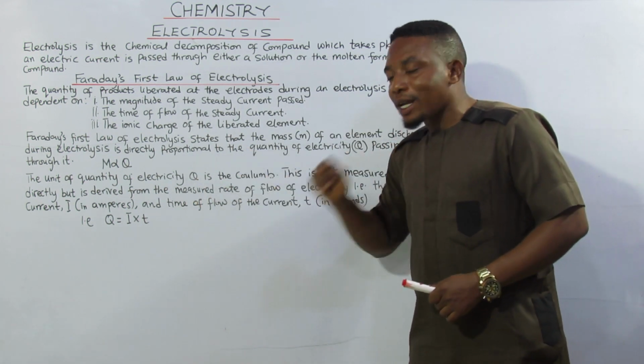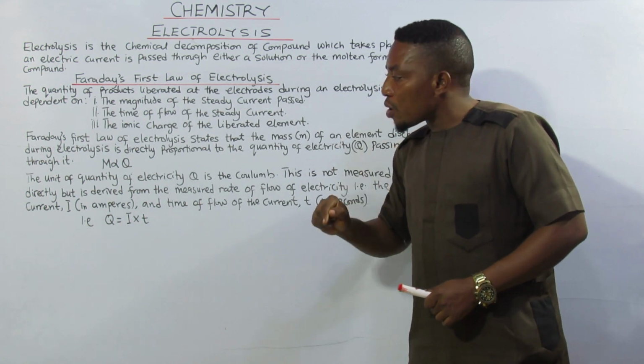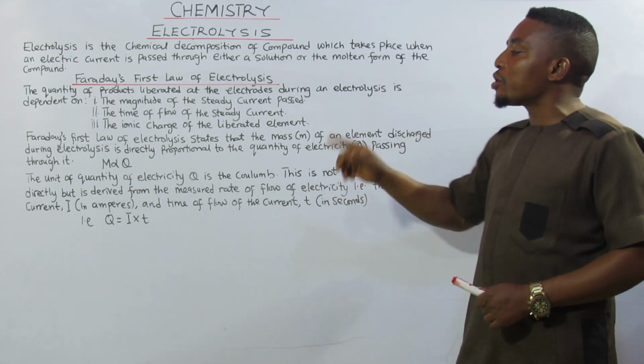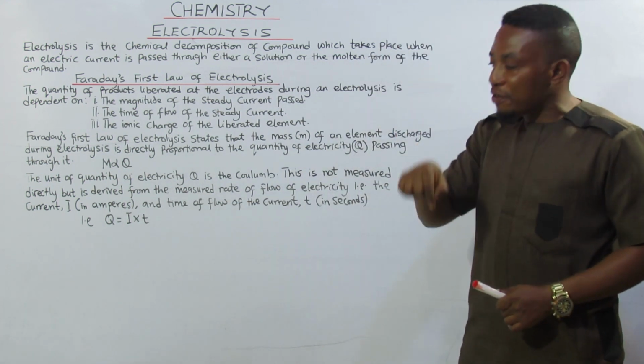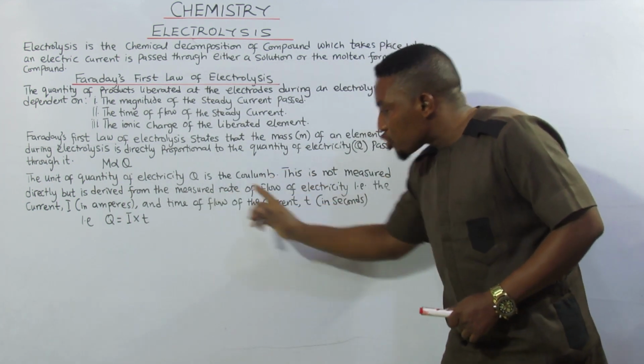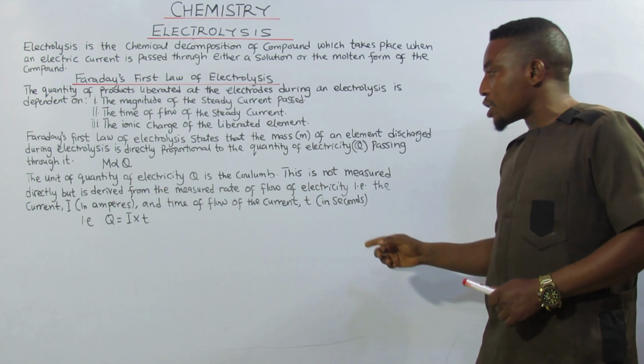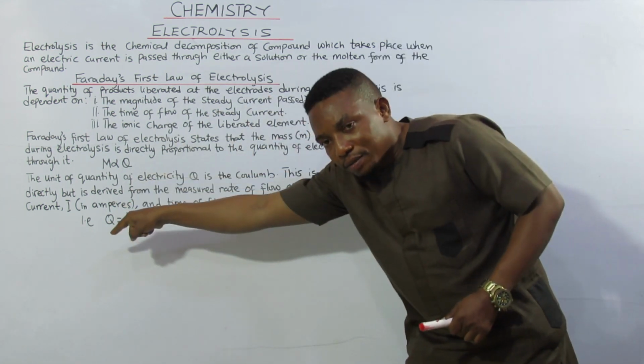So it is not measured directly, but is derived from the measured rate of flow of electricity, that is to say, the current.